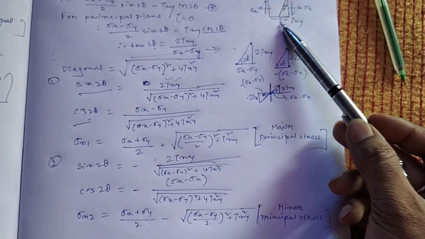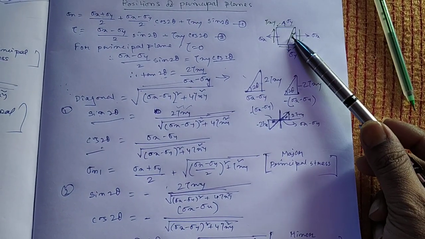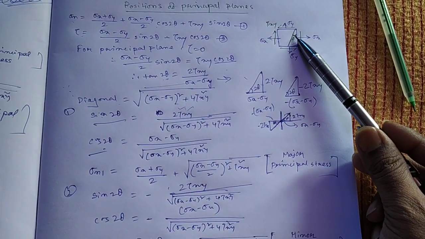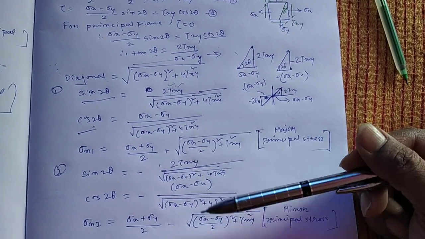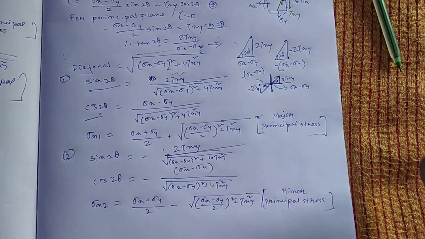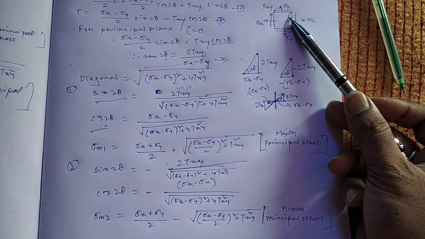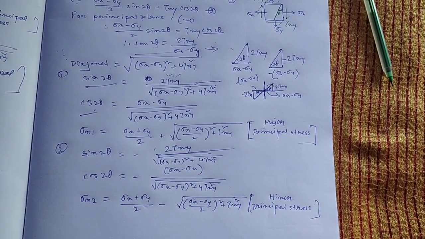That means in this particular body there will not be any plane in which the normal stress is greater than this or lower than this. This is the maximum and minimum value of the normal stress in any plane in this body, right?